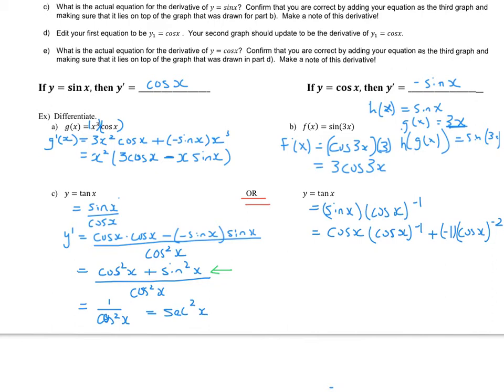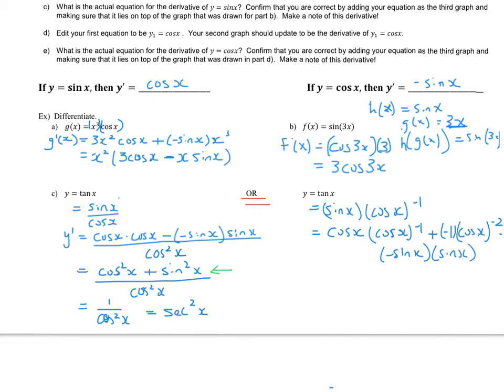So the derivative of the second, the derivative of what's inside, cos x, the derivative of cos x would be minus sine x. So this is going to multiply by negative sine x, and then times the first, and the first was sine x. All right, so I think I've got that.